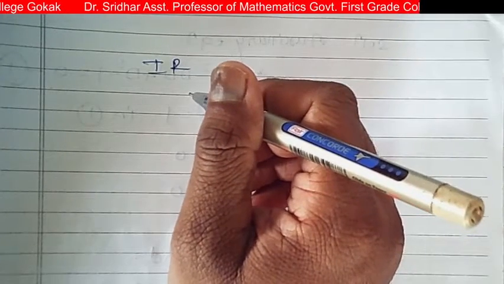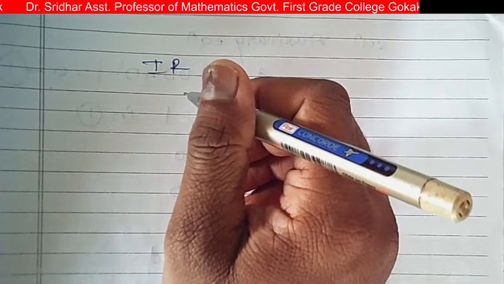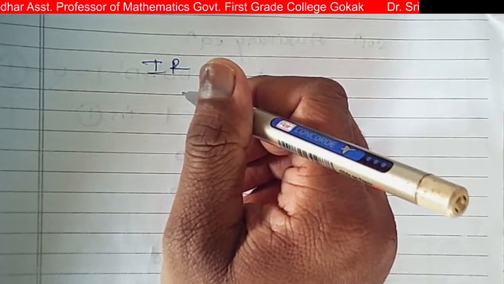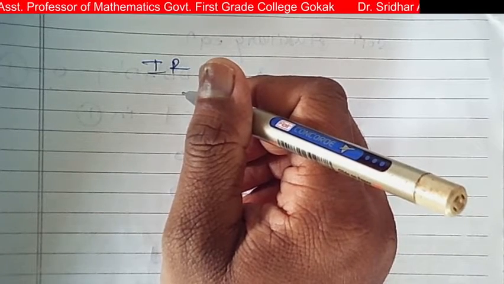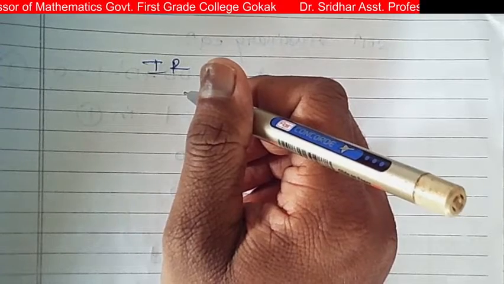Okay, so this is the rule when the two roots are real and distinct.